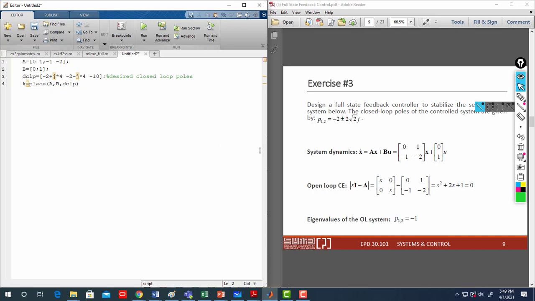That's it. Then your desired closed loop poles, like in here, are minus 2 plus j times 2 square root of 2.